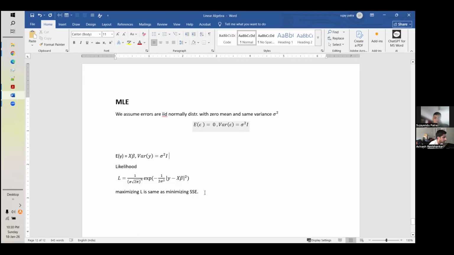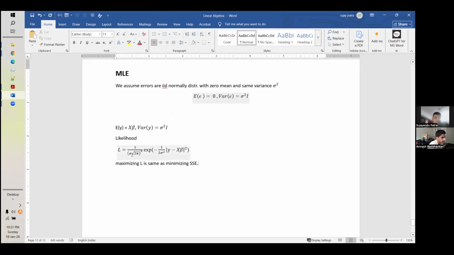Now the point is, if you fix the sigma, then maximizing this quantity is the same as minimizing the y minus x beta norm square. Can you say that again? For a fixed value of sigma, maximizing the likelihood L is the same as minimizing this y minus x beta norm square, because nothing else is varying in this.